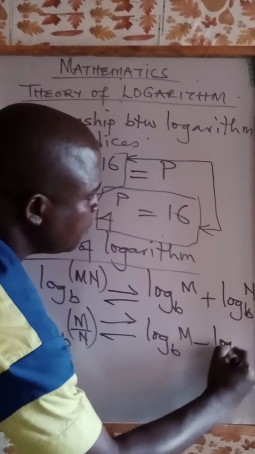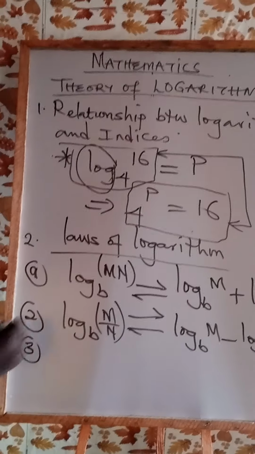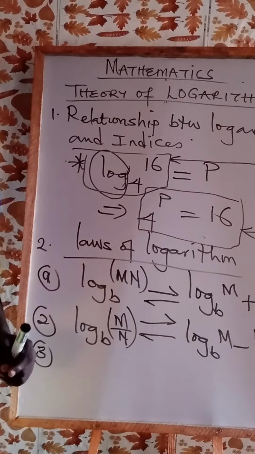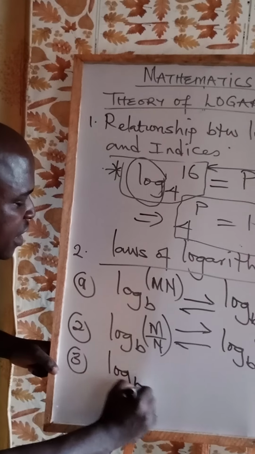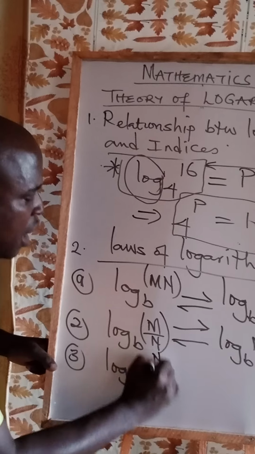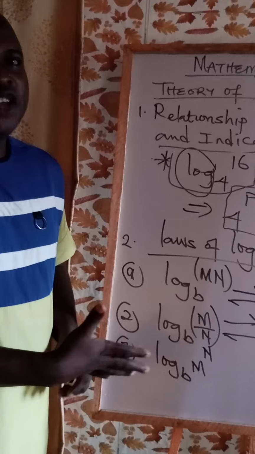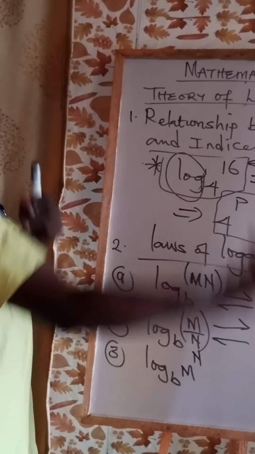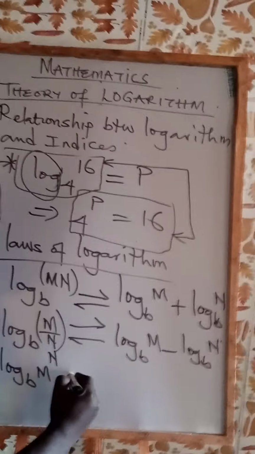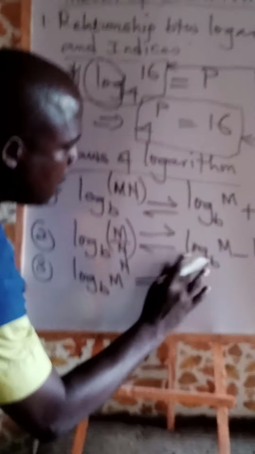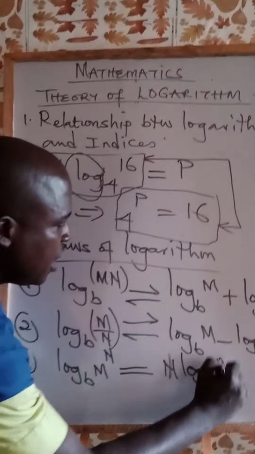Then for the third law, we have log b of m to the power of n. When we have a situation like this, the power will turn to the coefficient of the log sign. That means we are going to have n log b m.